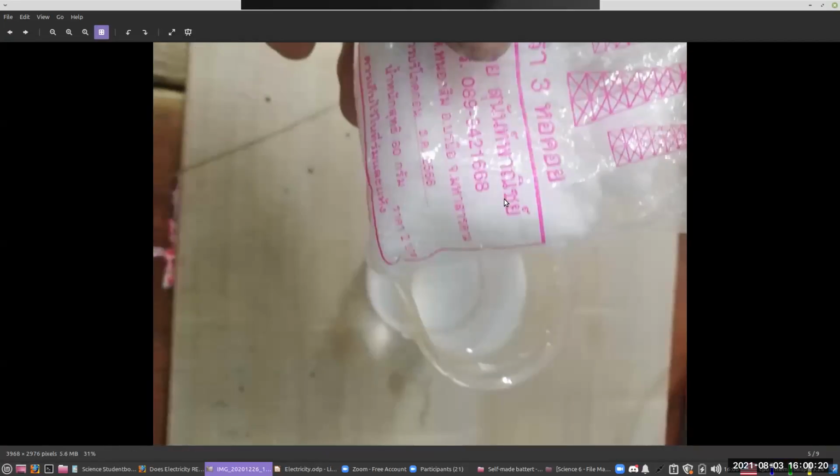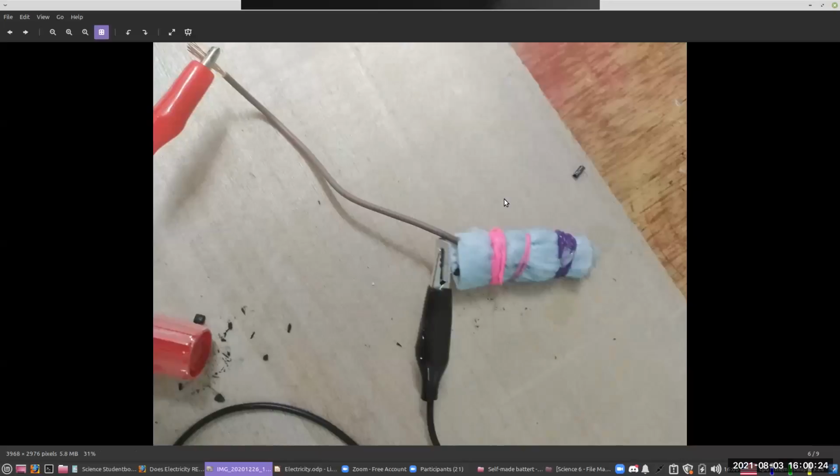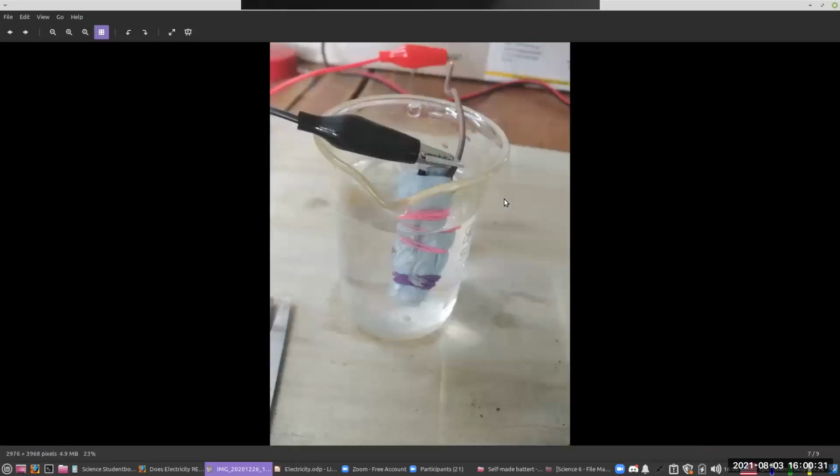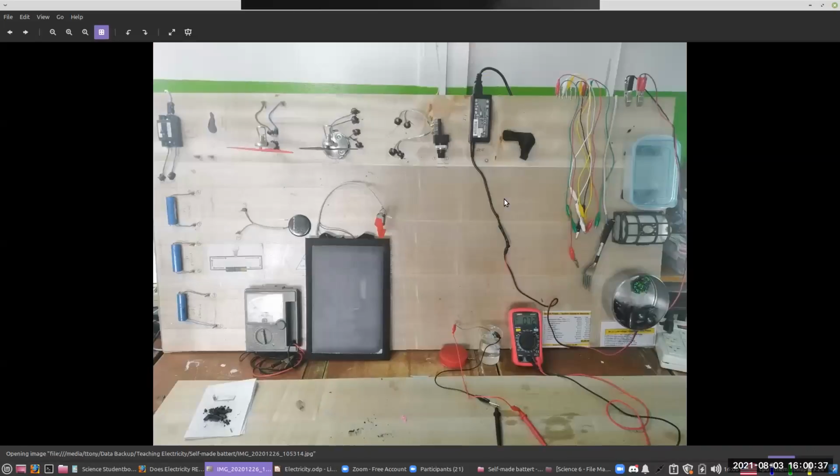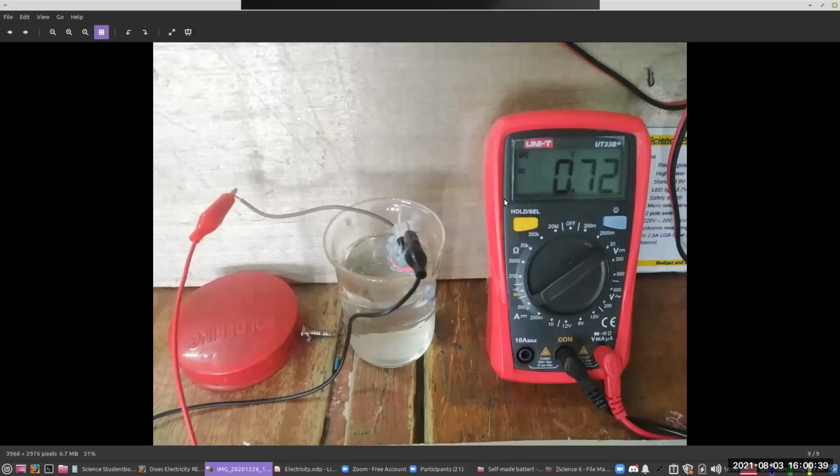After I mixed salt into water and put this together, I pressed it together. I attached a measuring device and put it into the salt water. And after, what happened is I got electricity out.